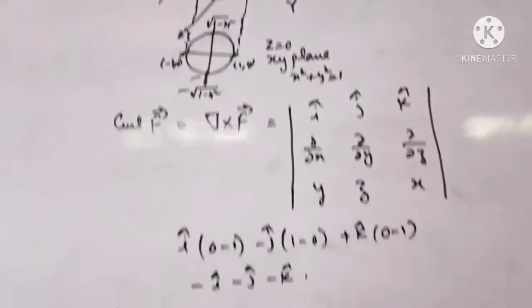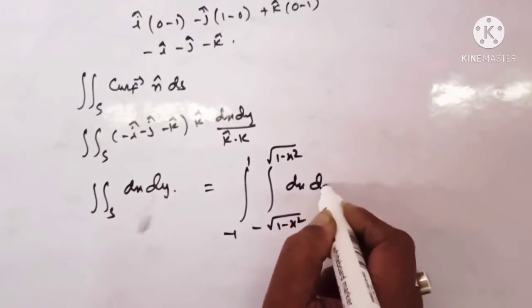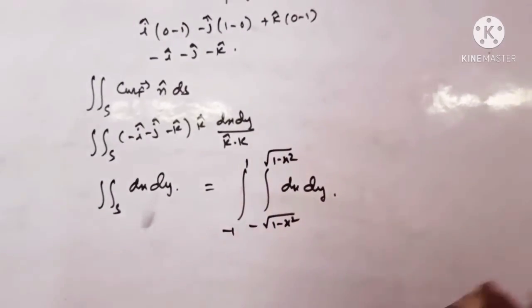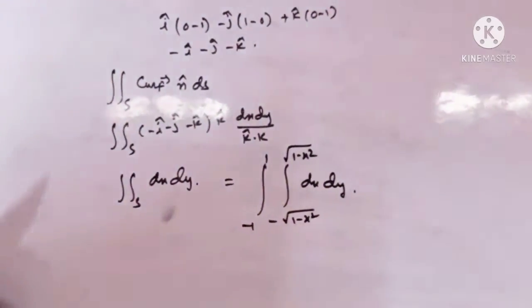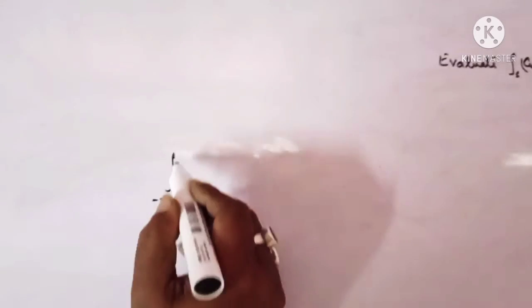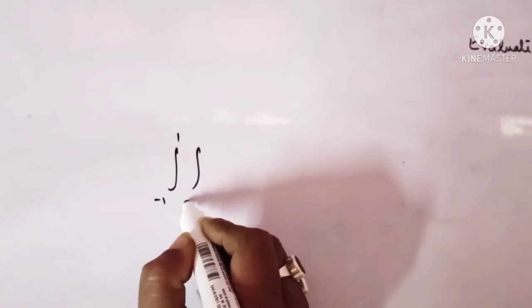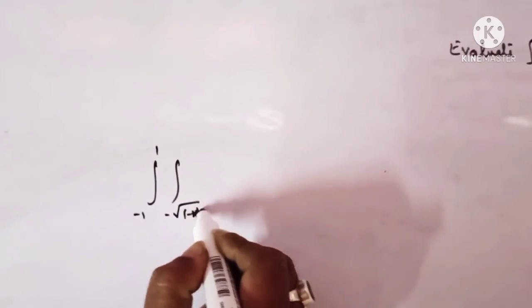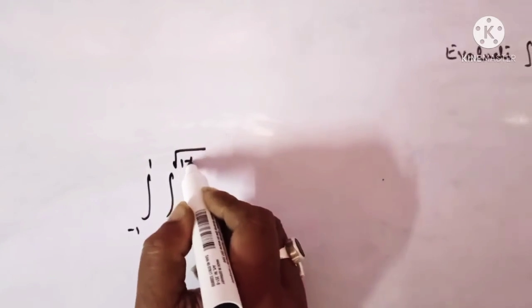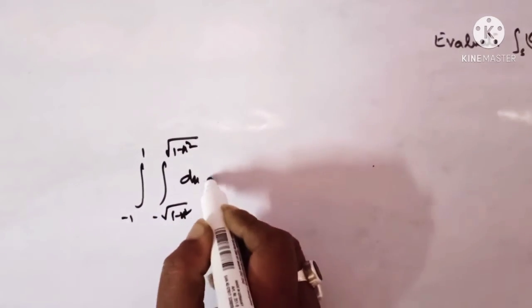So the integral is from minus 1 to 1, minus root 1 minus x square to root 1 minus x square, dy dx.